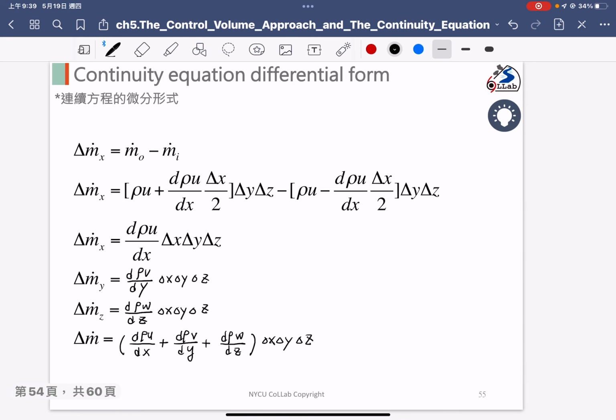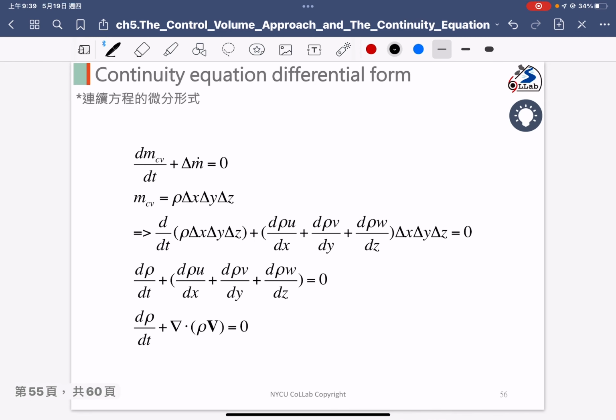And then next we are going to focus on the item for the rate of change of the mass in the control volume with time, because in the previous slide we already got the formula for the net mass flow rate. The MCV is the mass in the cubic fluid particle.